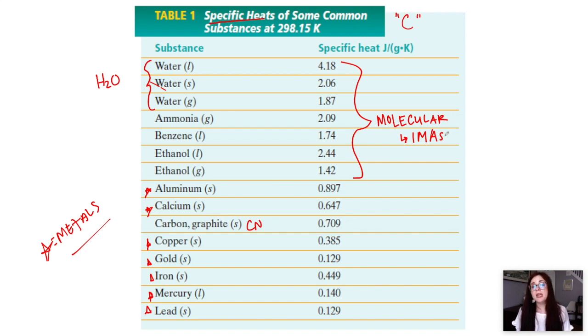As a result, it takes a lot more energy to raise the temperature of 1 gram of a molecular solid than it does to raise 1 gram of a metallic solid by 1 degree Celsius. This goes all the way back to that last unit, which deals with the types of solids and intermolecular forces. That's why chemistry is so great, because everything starts to really come together the deeper you get into it.